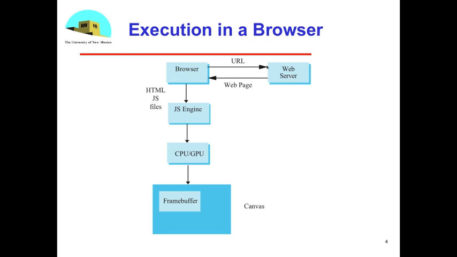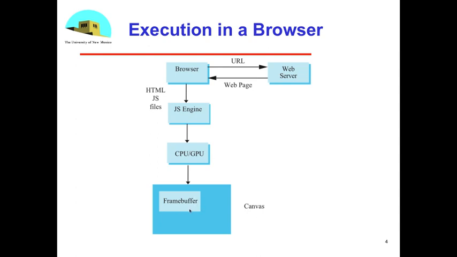So you click on that URL and a web page is loaded. That's your HTML file. And the JavaScript files in it, which is the part we're going to focus on, describe what you want to happen, the action, the graphics. They go through a JavaScript engine running in your browser, and eventually as we've seen, we send information out to the GPU, which goes in the frame buffer.